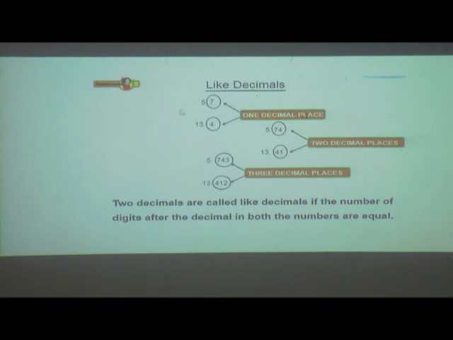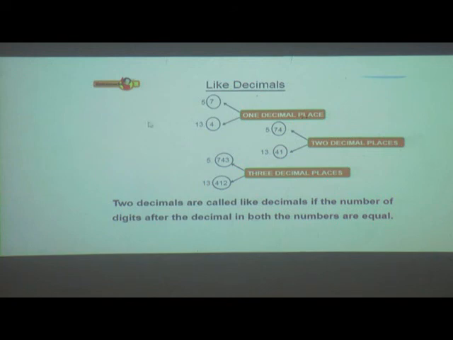If I give some more digits, you can find out whether it is a like decimal or unlike. What will you compare? You compare how many digits are there after the decimal. Here we have one place, so it should be one place here. If every decimal number has one place after the decimal, then we can say it is a like decimal.